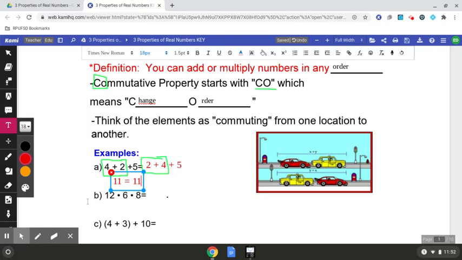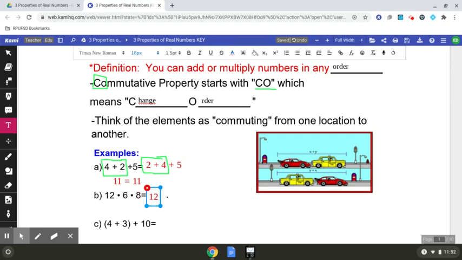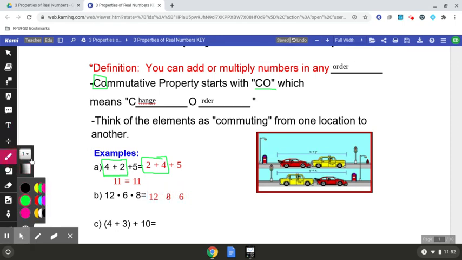Again, same thing for B. Let's say for B, we change the order of 6 and 8. So we make it 12 times 8 times 6. And I left a little space there because I'm just going to draw in the multiplication with a dot, right? So I just switched again the order of my 8 and 6.